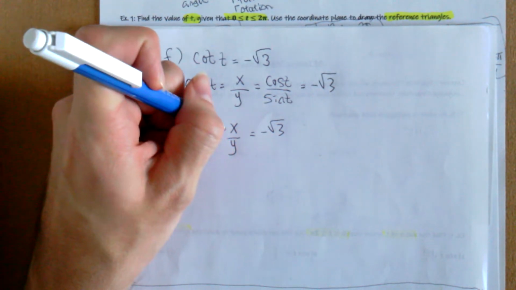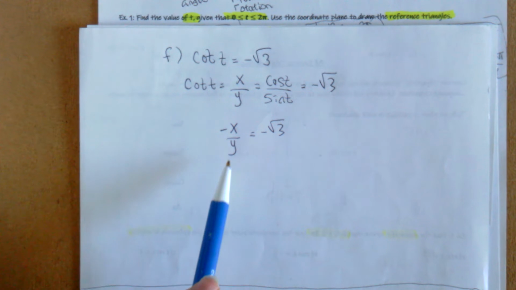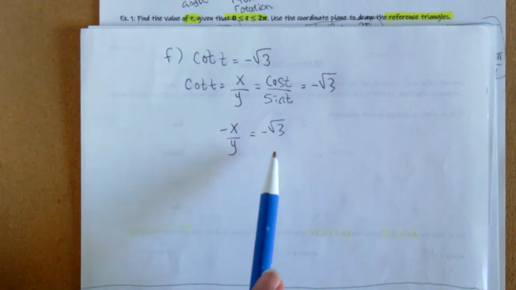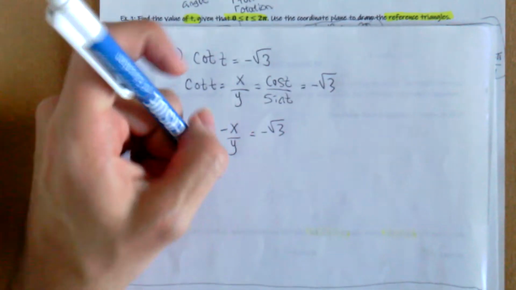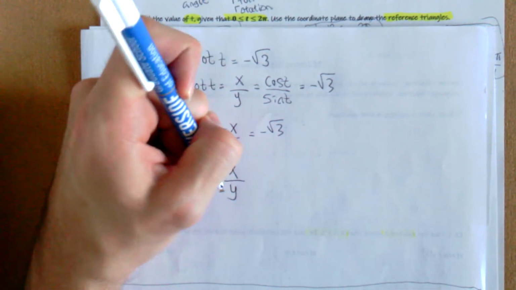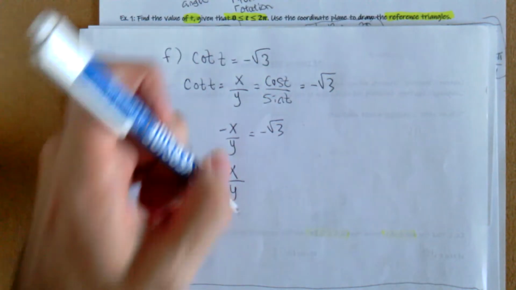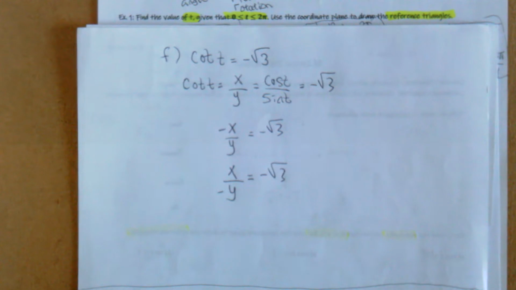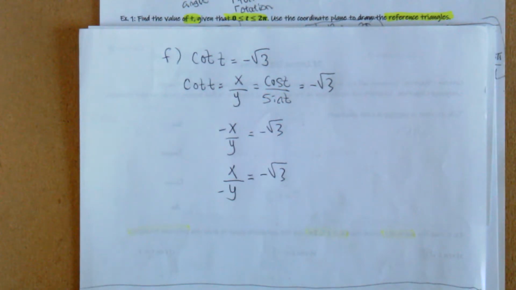So if x is negative and y is positive, or cosine is negative and sine is positive, then we can get a negative number out. Similarly, if cosine or x is positive and y is negative, or sine is negative, we can have another negative square root of 3. Okay, so now we just have to look at the unit circle and see where that might happen.